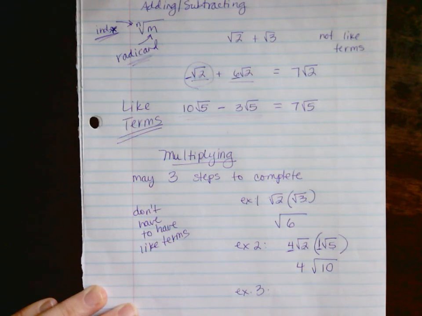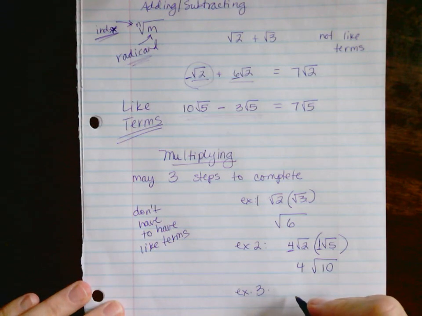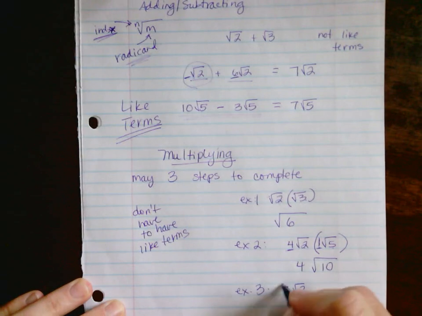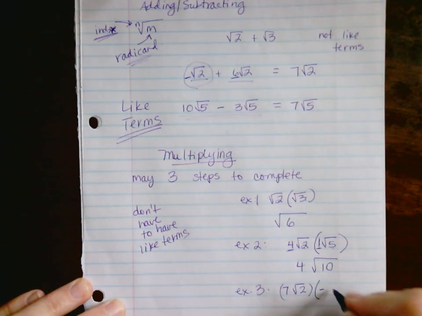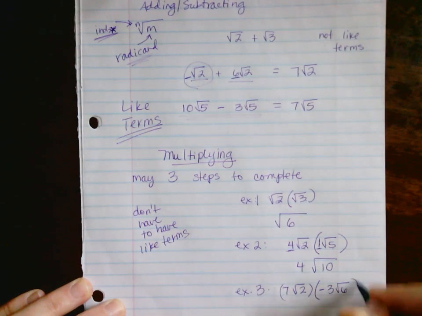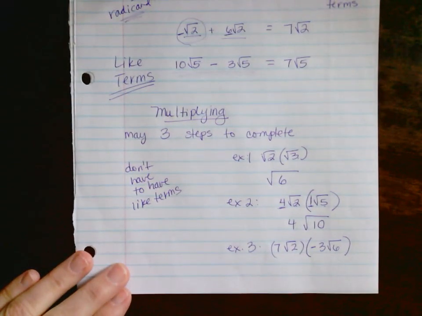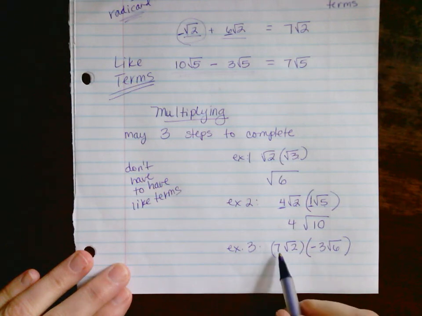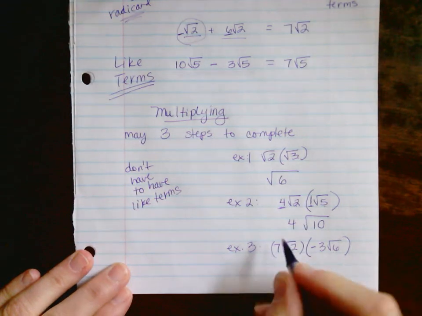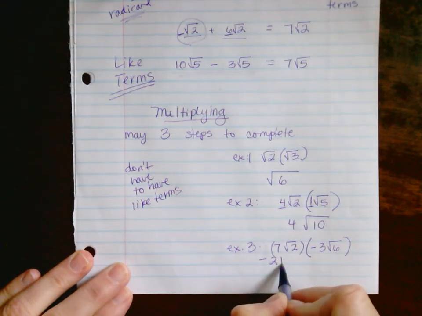What if we have 7 radical 2 times negative 3 radical 6. Okay, both terms have coefficients, so we're going to follow our multiplying rules with positive and negative numbers, and we're going to take 7 times negative 3, and we're going to get negative 21.